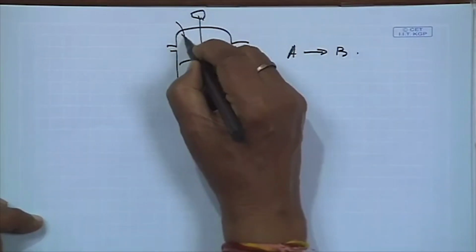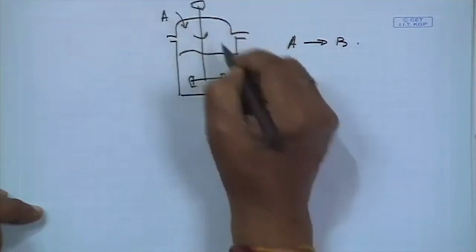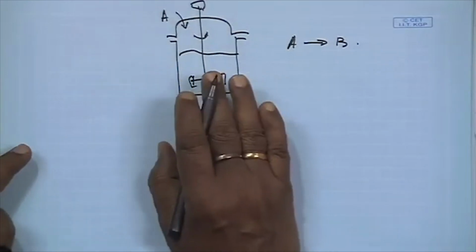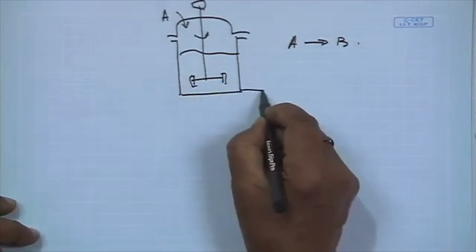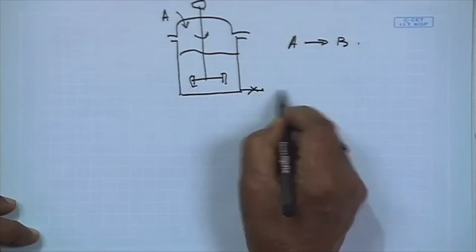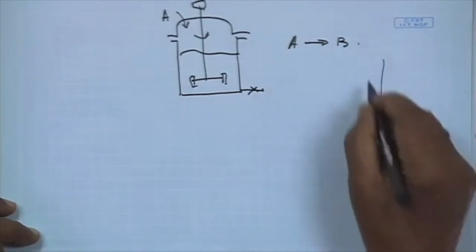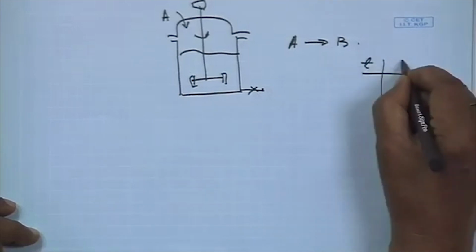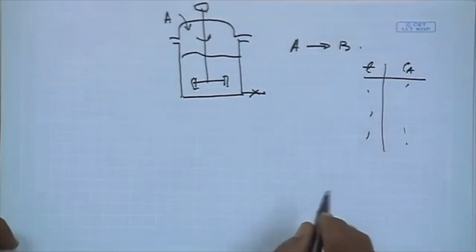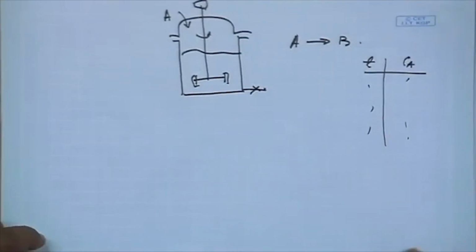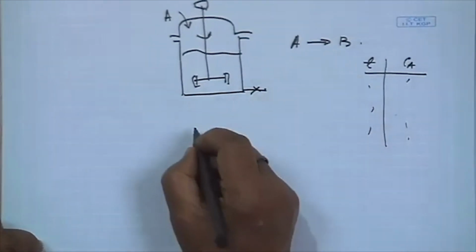You take A in the system, a batch process, you take the material at one time and let the reaction take place. At different times you draw a sample and find out the concentration of Ca. That has been given in this problem. So you have to find out the rate equation. What is the rate equation?